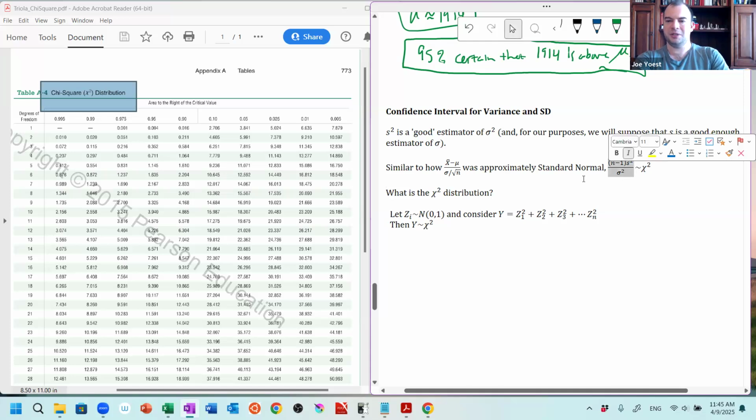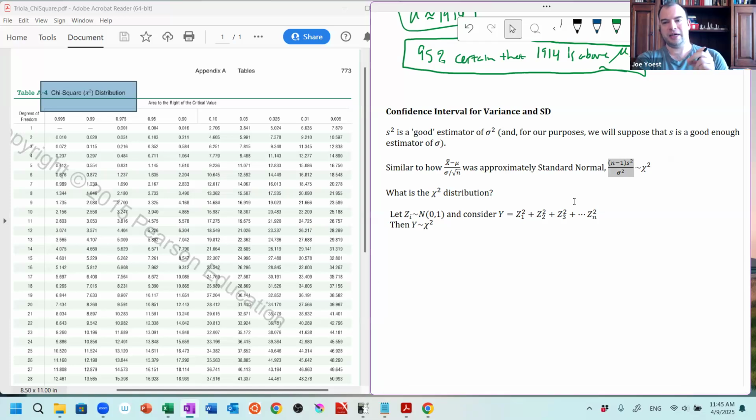I have a similar relationship over here. It doesn't look the same. It's not the same mathematical structure, but it's a similar relationship in that it's some formula involving S squared, the estimator, or really here we're thinking of S squared being like the distribution of the variance of the sample variances. So this S squared is like a random variable, in the sense that if I took a sample, computed S squared for that sample, I'd get a number.